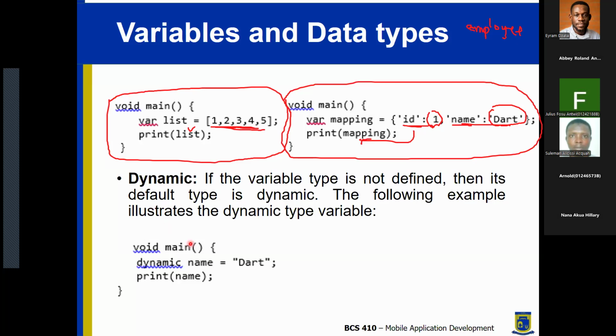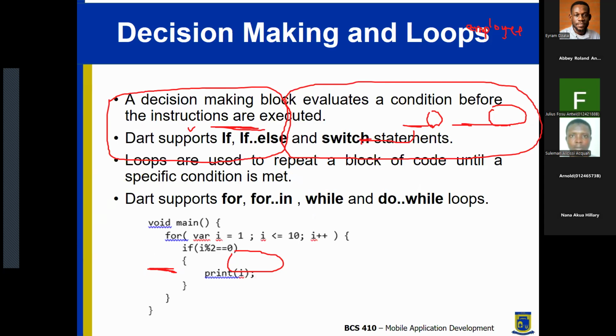When the type of the variable is not given, whether it's an integer, a double, a string and so on, when you don't specify it, you can use dynamic, and that will automatically pick the type based on the data type of your value. All right.